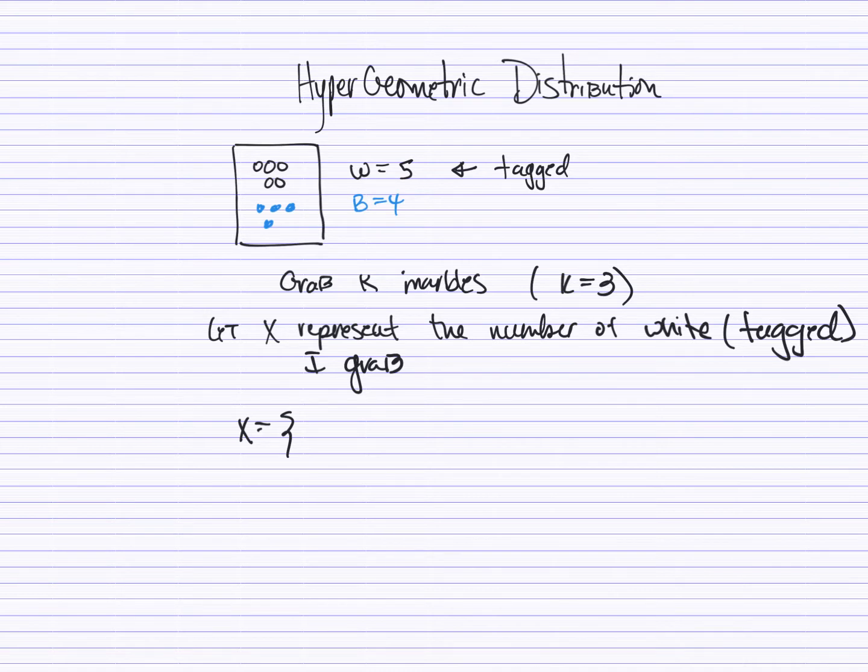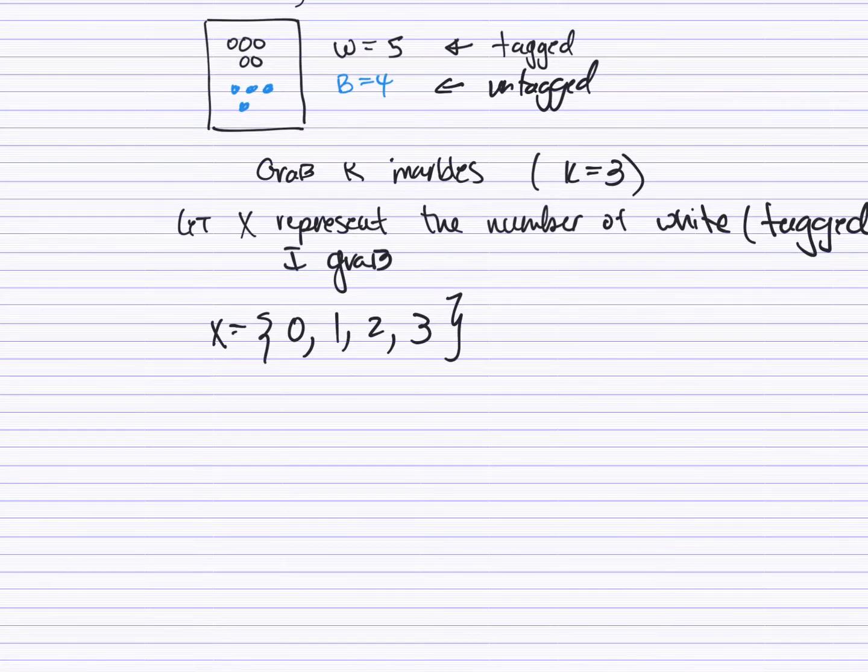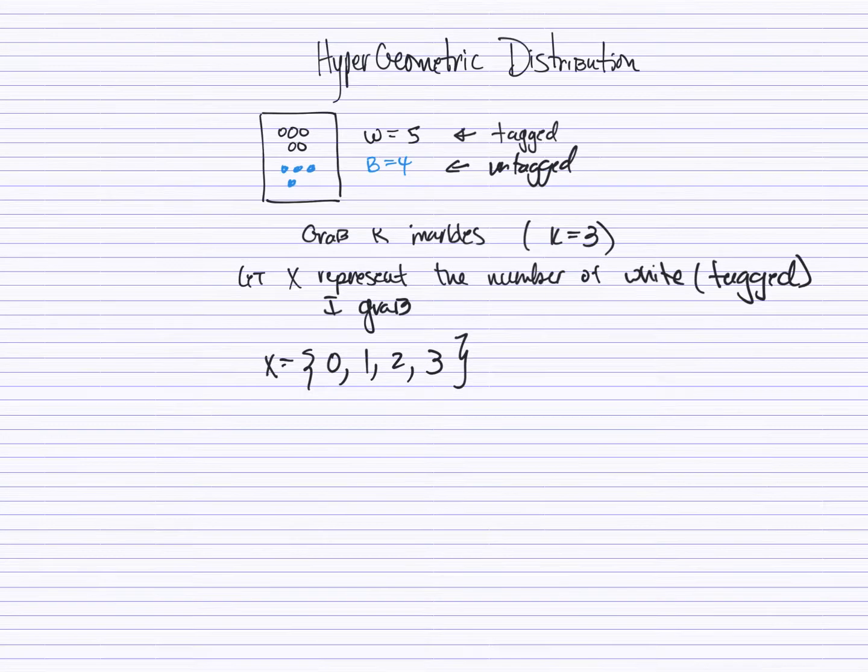We also have enough non-tagged balls that none of them can be white. The number of tagged or untagged determines the values that X can take on. But in this case, X can be 0, 1, 2, and up to 3. I'm limited by K and by the number of tagged and untagged.